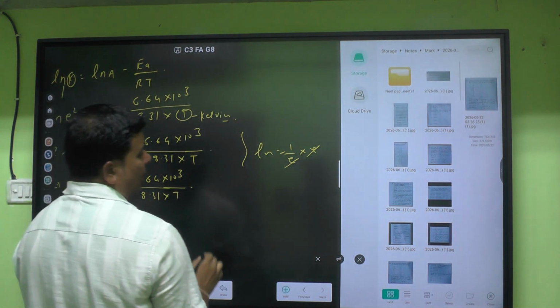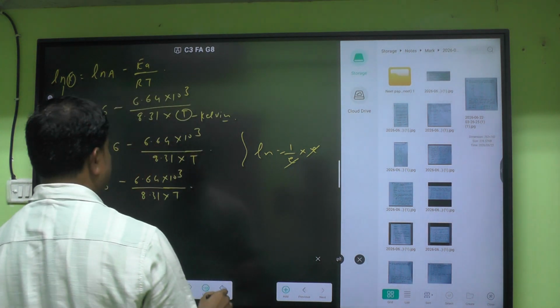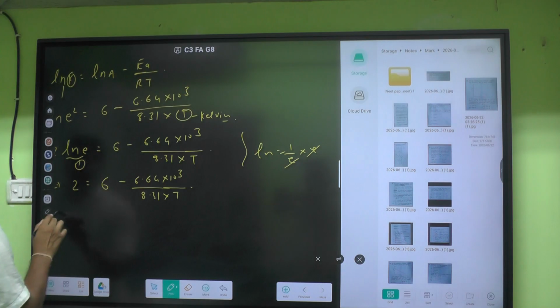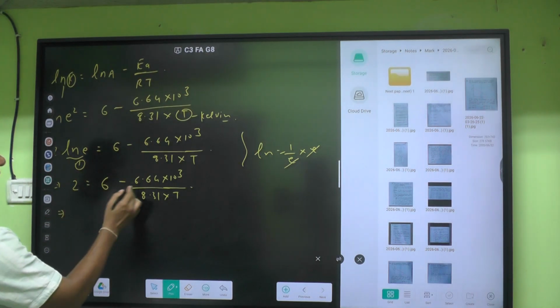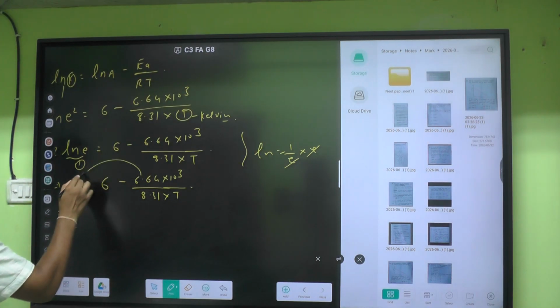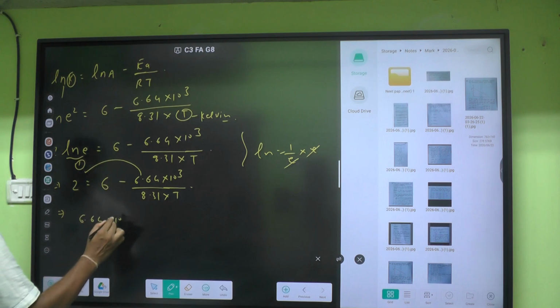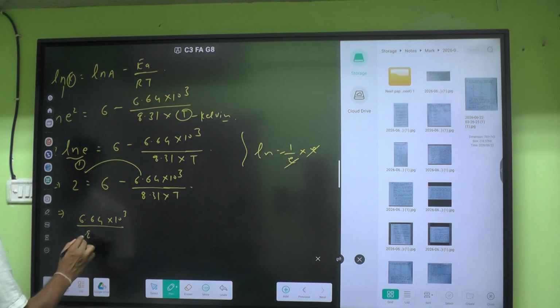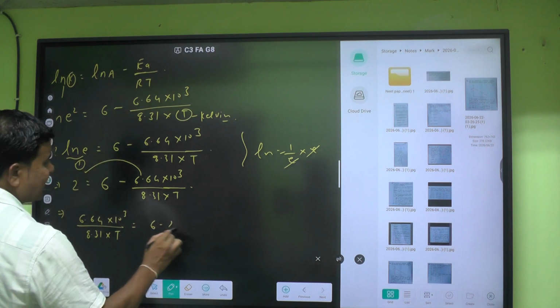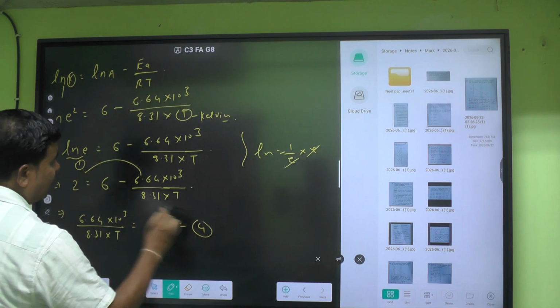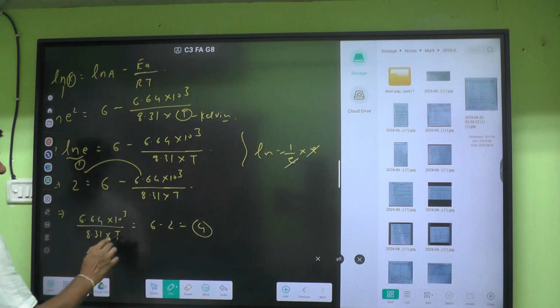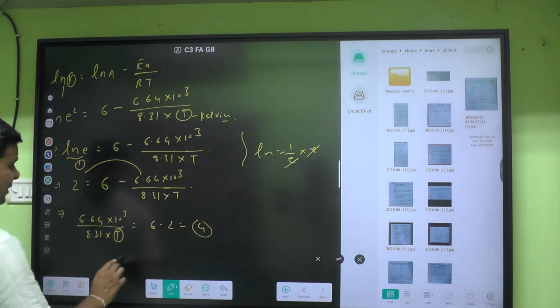The negative sign comes to the other side and becomes positive: 6.64 into 10 to the power 3 divided by 8.31 into T is equal to 6 minus 2, that's 4. So we have to find the T value here.